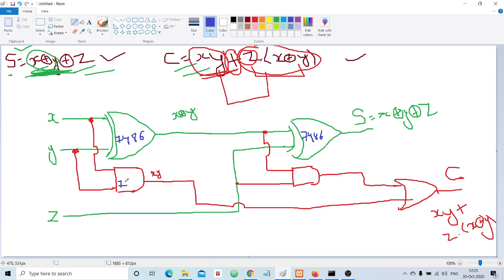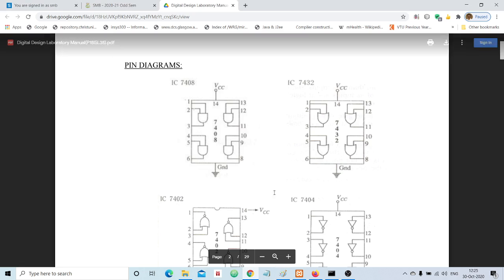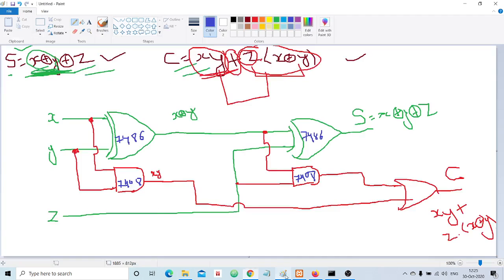So this is 7408. Again, this is an AND gate whose IC number is 7408, and this is an OR gate, specifically a two-input OR gate, whose IC number is 7432, right? So 7432.